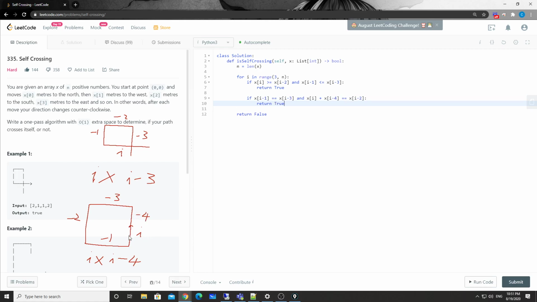Basically, if these two lines are the same as the minus 2, and actually it's not even equal here.